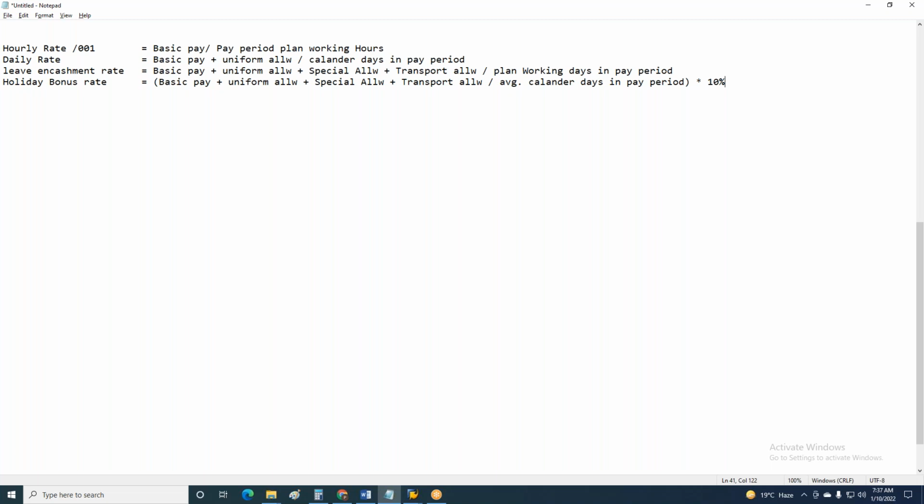So these are the rates. These rates are normally stored in /0 series wage types. You can plan these rates always in any country. /001 is always an hourly rate.